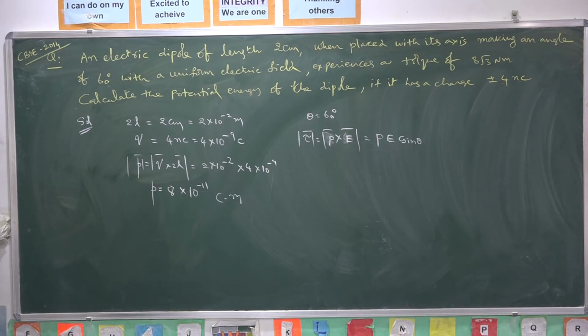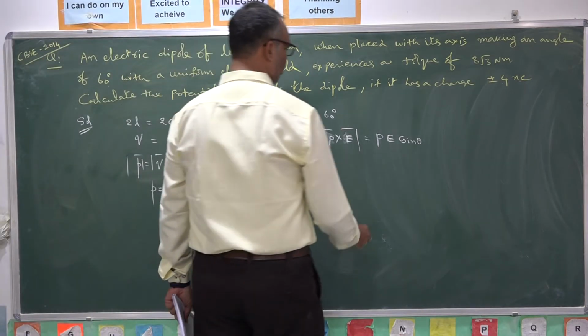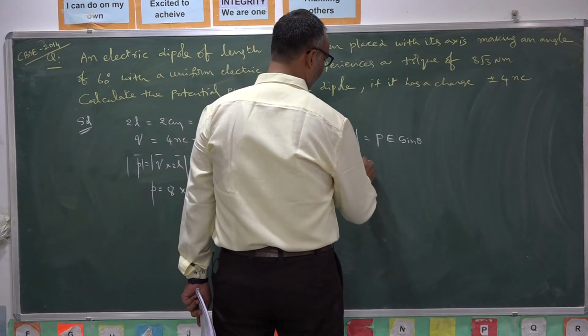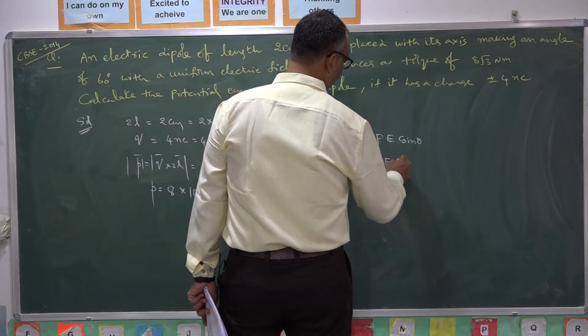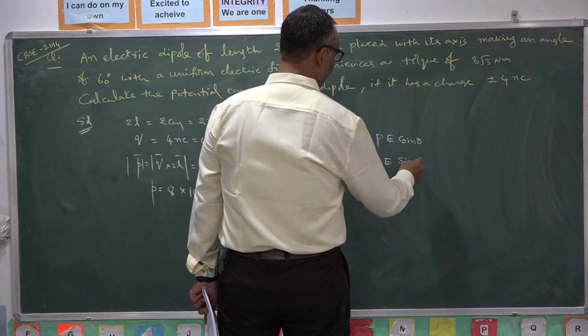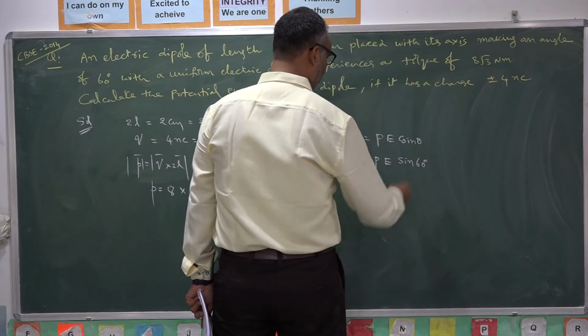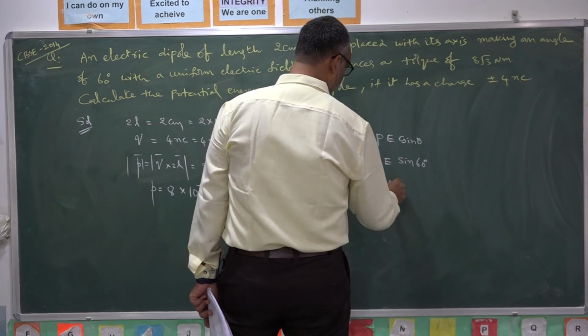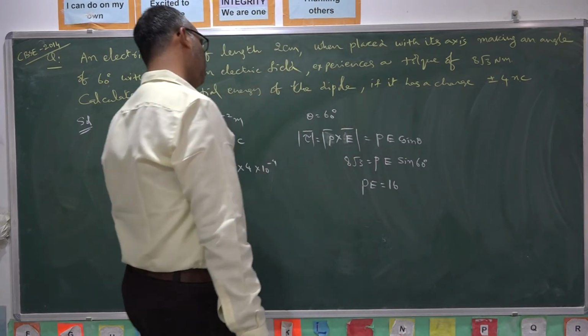Electric field strength is not provided to us, torque is provided to us. So the torque value is 8 root 3, equal to PE sin 60. Sin 60 is root 3 by 2. So root 3 gets cancelled, PE becomes 16.